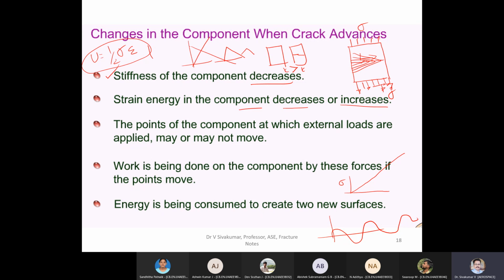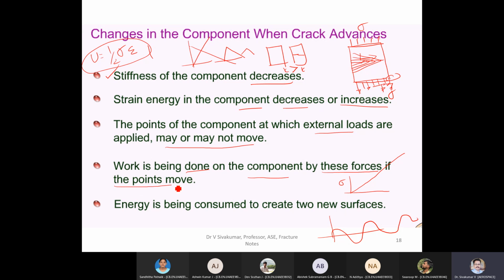The points of the component at which the external loads are applied may or may not move, because here we are applying load at these points. They may have some displacement or may not. Work is being done on the component by these forces.